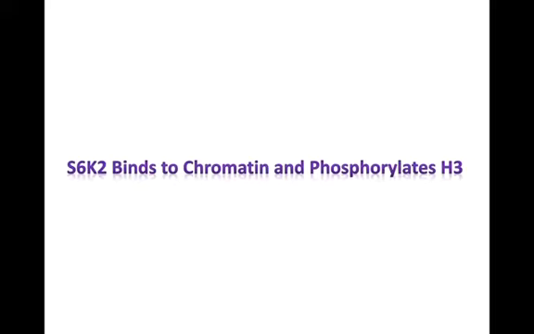It was found that S6K2 can bind to the chromatin and, since it's a kinase, induce the phosphorylation of histone 3. So we will see here how they managed to detect this modification and prove that S6K2 is responsible for this modification.